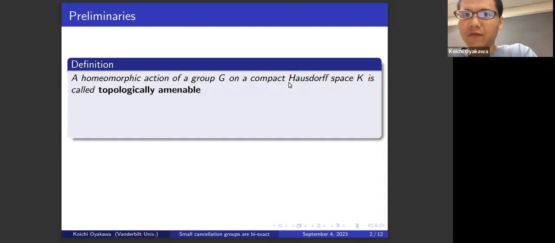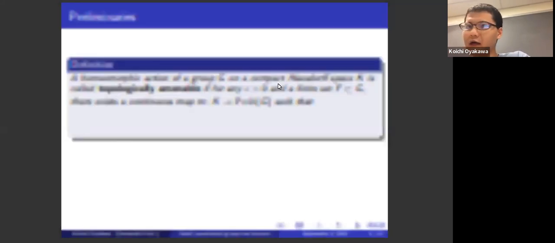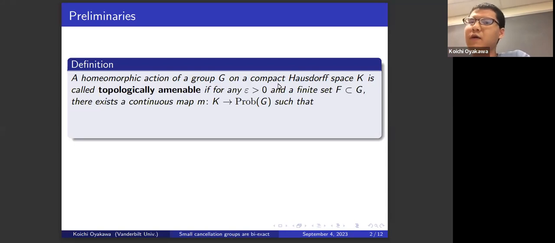So first of all, amenable action of a group is needed for explaining exact groups. Let a group G act on a compact Hausdorff space. Then the action is called topologically amenable if for any real number and a finite subset of the group, there exists a continuous map from the compact space to the probability space of the group.